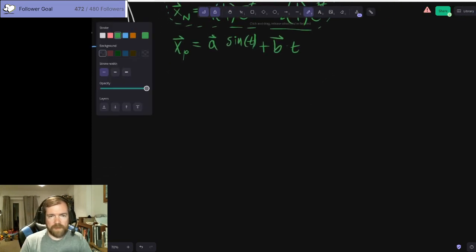So with that, assuming that this is what the solution is generally going to look like, we want to plug this particular solution, x sub p, into our original differential equation up top.